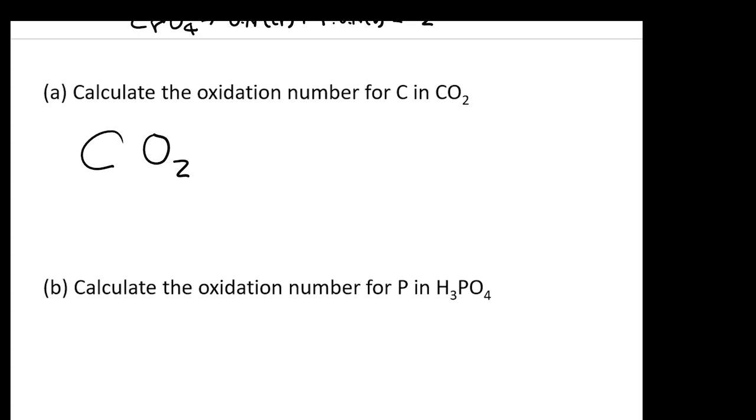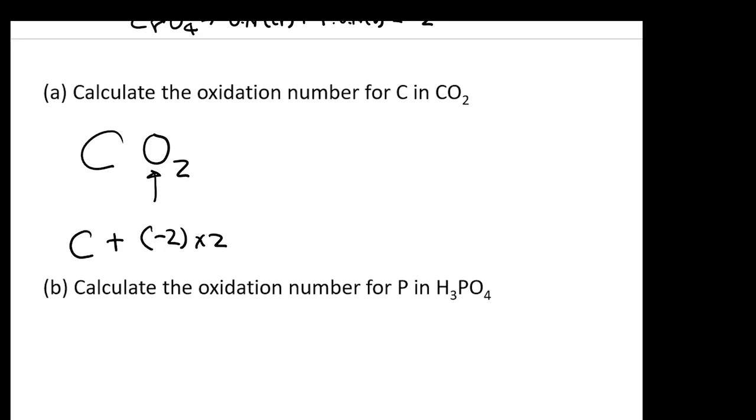So here you need to use your rule number 3, right? We know if you see oxygens in a compound, it always carries -2 charges. And you have 2 of those oxygen atoms. You want to figure out the oxidation number of your carbon.